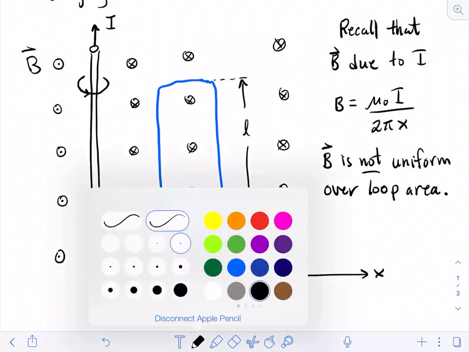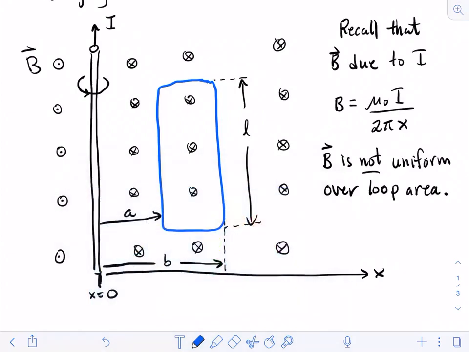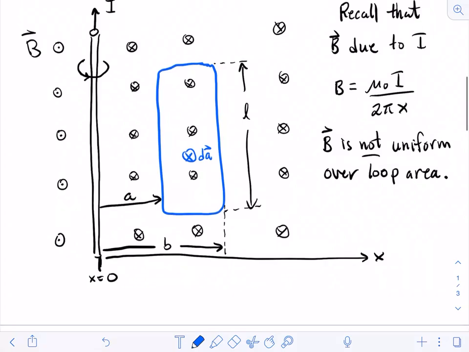Let's indicate dA of our loop, and dA has to be perpendicular to our loop. We could choose to have dA coming out of the screen, or we could choose to have it going into the screen. Let's make the choice that our dA vector points into the screen. In that way, we'll have dA parallel to the magnetic field due to the wire.